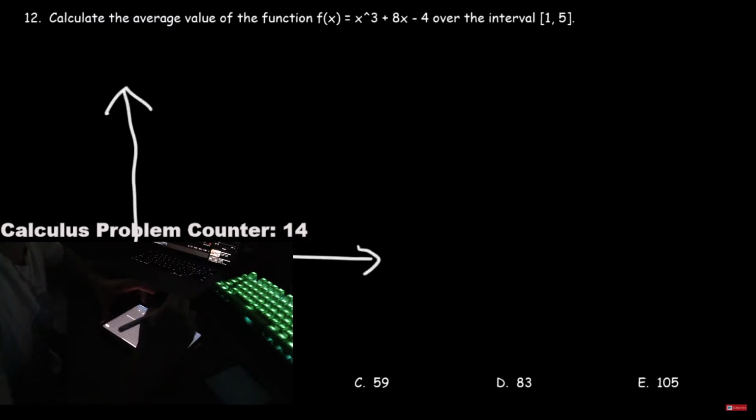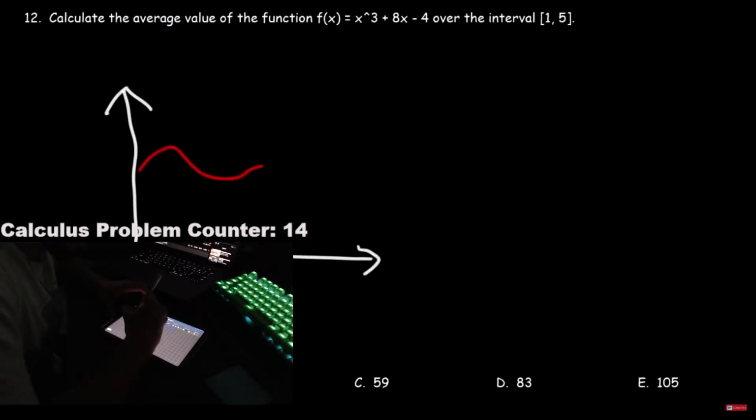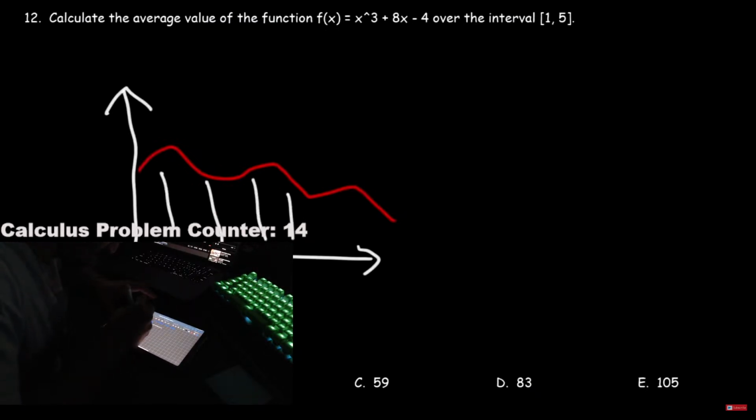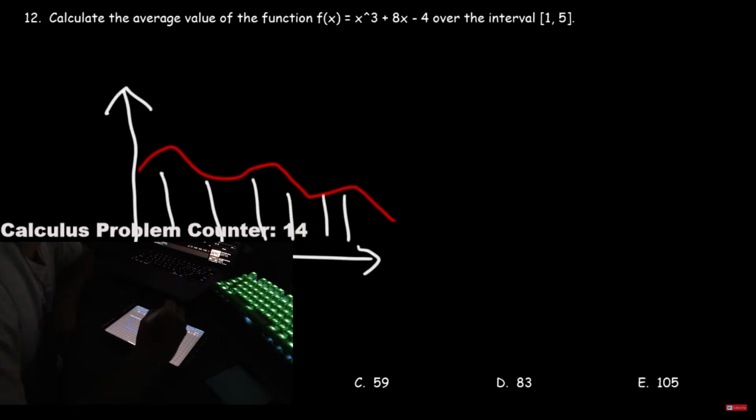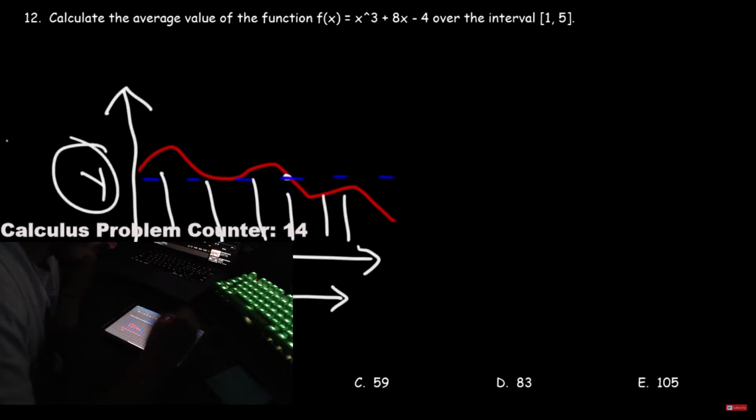Let's say we have some generic function f of x. Basically, we're taking the area under the curve and dividing it by the width of the interval, which is an x value, and that's going to give us an average y value. So our goal is to calculate this average y value of the function.